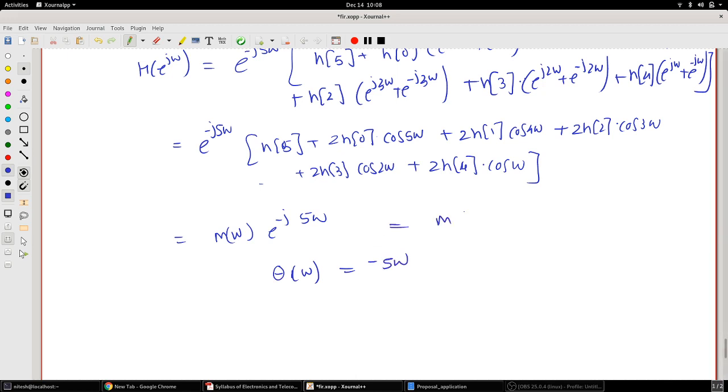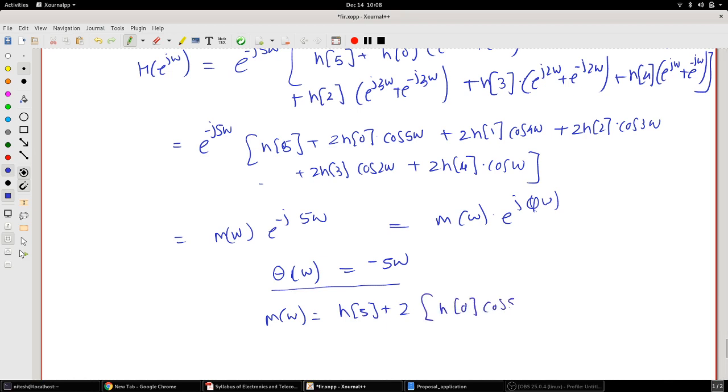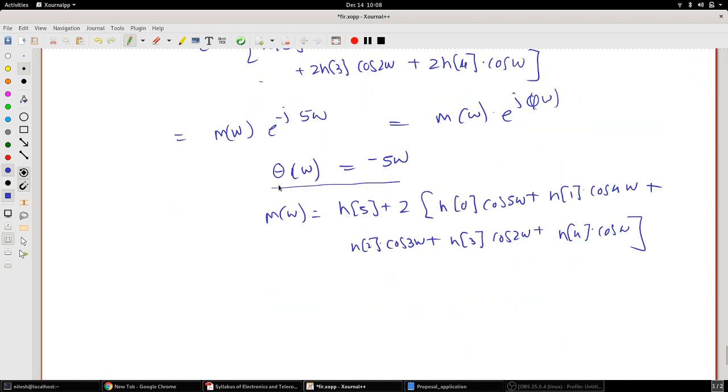So I can write this as M of omega into e raised to j theta of omega, this is my frequency response, and M of omega is h of 5 plus 2 into h of 0 cos 5 omega plus h of 1 into cos of 4 omega plus h of 2 into cos of 3 omega plus h of 3 into cos of 2 omega plus h of 4 into cos of omega. So this is what I get as magnitude response and the phase response.